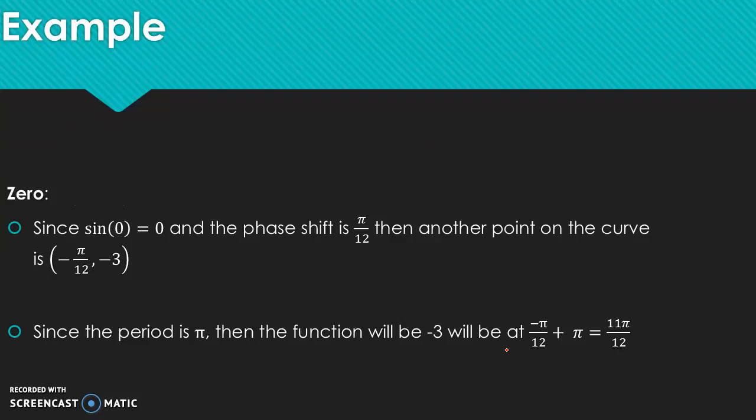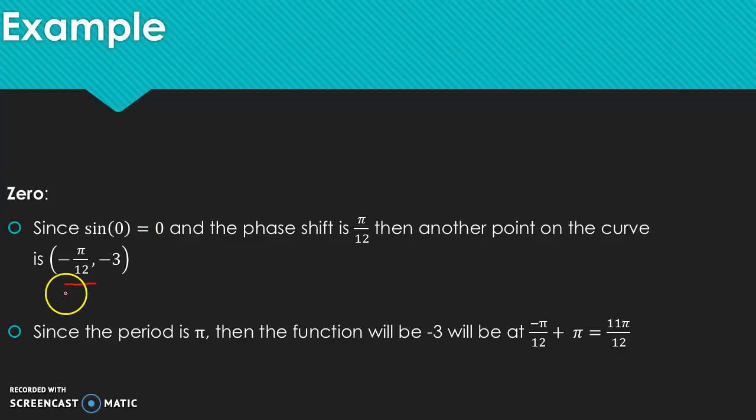The zeros, sine equals 0. And like I said, we use that phase shift. That phase shift is going to push it across to negative π over 12. And when sine equals 0, we've got that vertical displacement of negative 3.